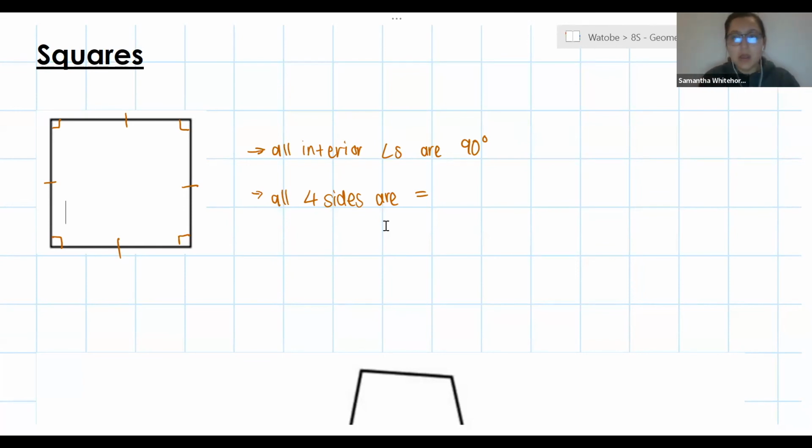Right, I'm seeing some other things coming in on the chat, which is awesome. I'm going to get some voices going here. So Palesa, tell me something else. Ma'am, and 2 pairs of opposite sides are parallel to each other. Okay, so both pairs of opposite sides are parallel.